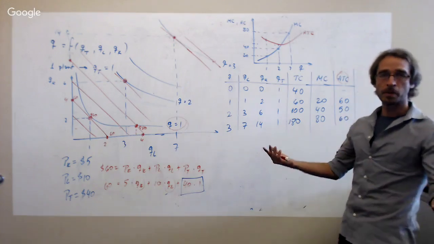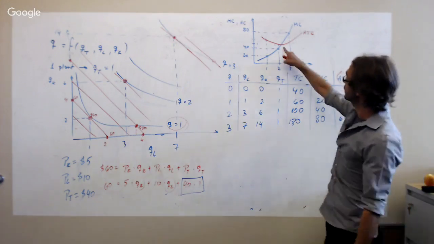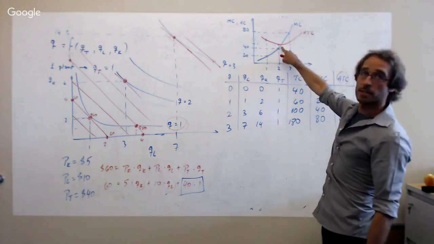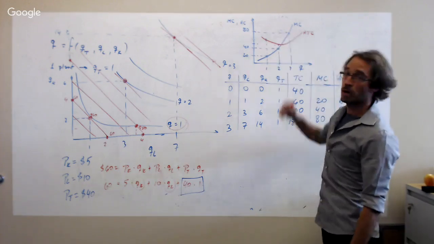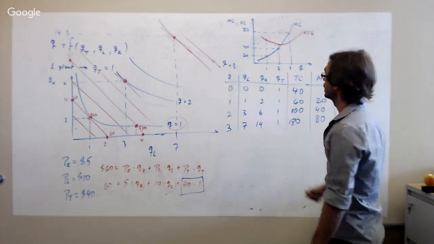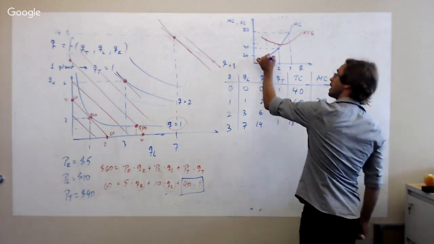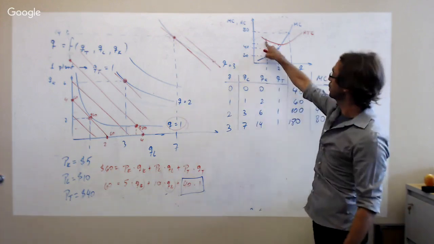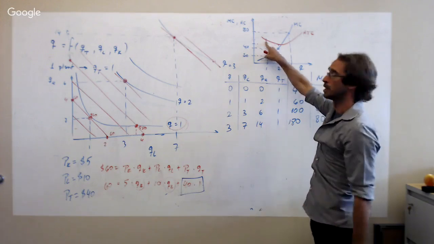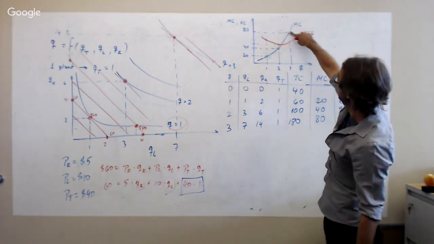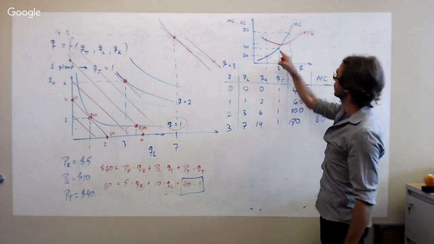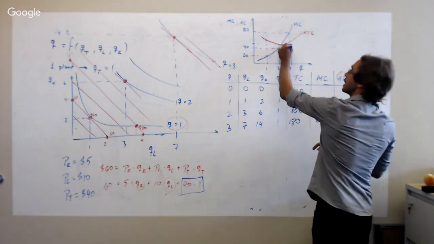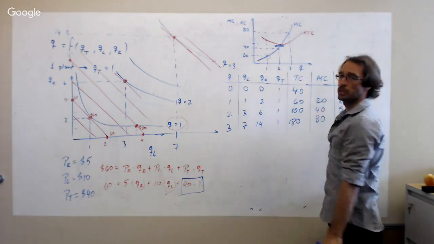And so a couple of things that we can learn is that the minimum average cost occurs where this crosses the marginal cost. Why is that? Because think about it. If the cost of producing the next unit is below the average so far, it's going to drag the average down. If the cost of producing the next unit is above the average so far, it's going to pull it up. So when they're both the same is when you're at a minimum average cost.